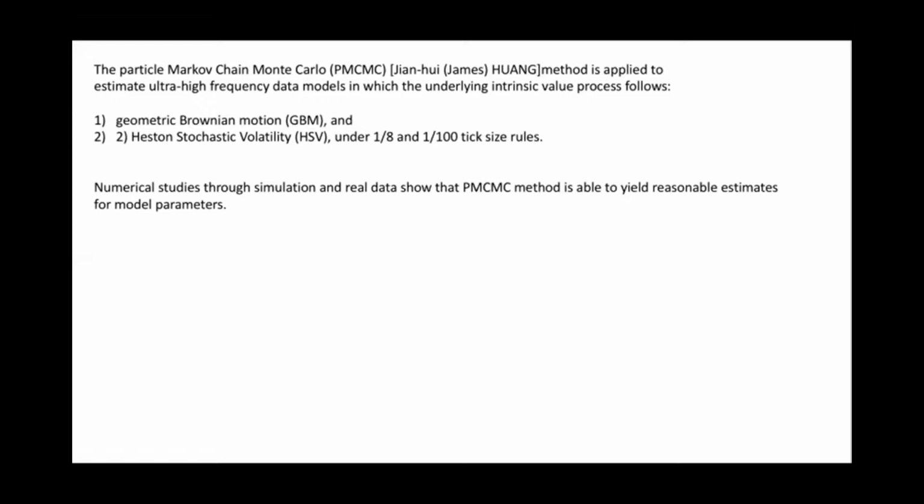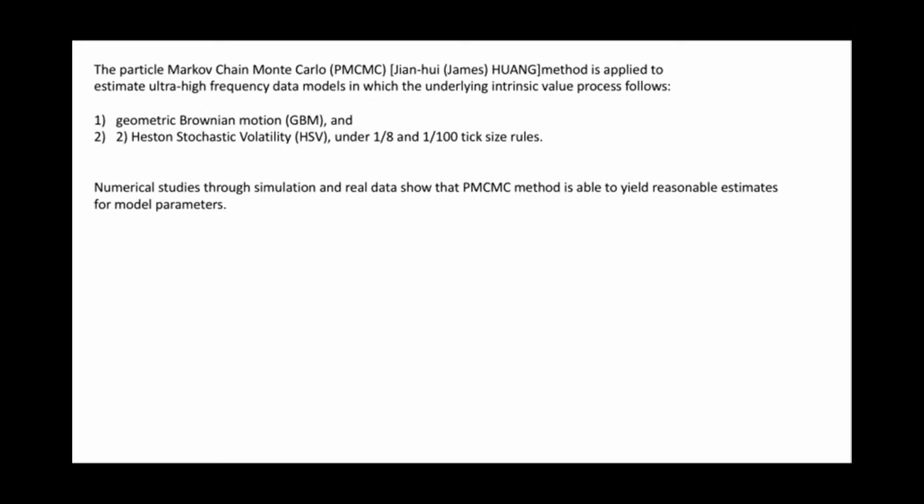So the way this is stated in the literature, the particle Markov chain Monte Carlo, PMCMC, method is applied to estimate ultra high frequency data models in which the underlying intrinsic value process follows a geometric Brownian motion or Heston stochastic volatility model.